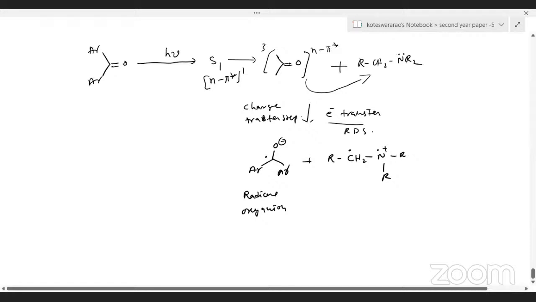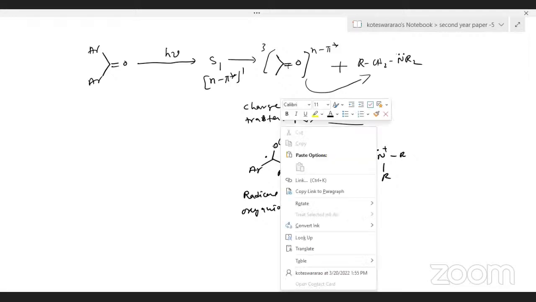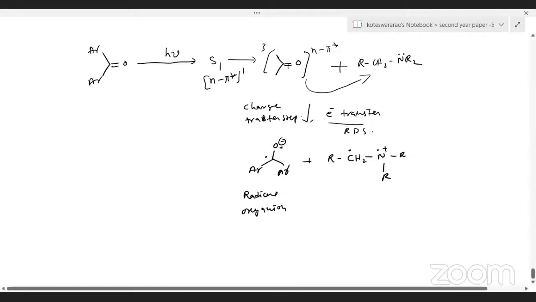Again, here the pi bond is undergoing homolytic cleavage, which leads to oxygen having one odd electron along with one nitrogen electron. Therefore, it is getting a negative charge. At the same time, this pi bond is undergoing homolytic cleavage, so this carbon gets the radical.